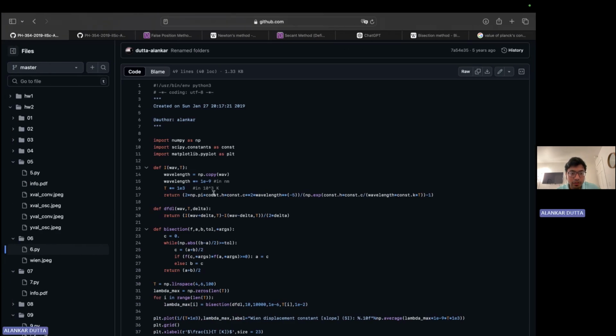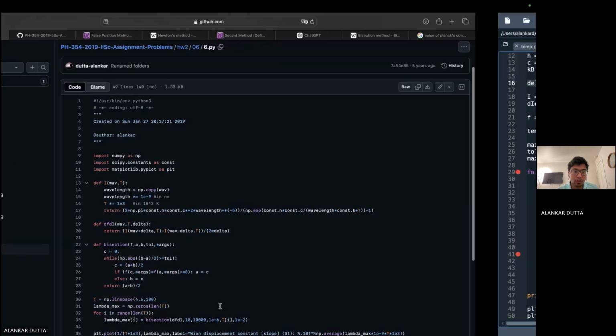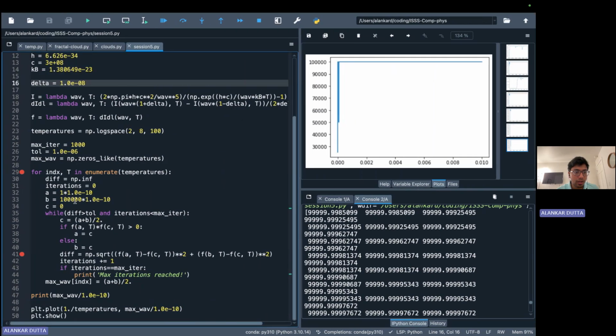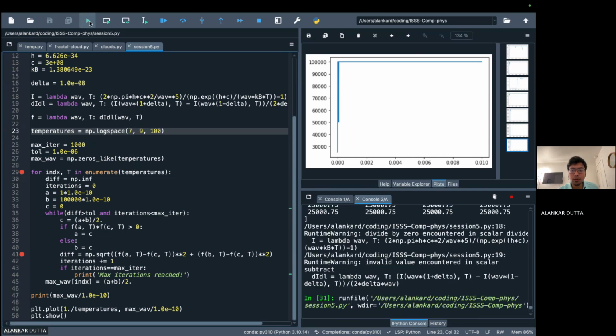And the wavelength is, let's see, 7 to 9. So this is from 7 to 9 is what I tried in here. So let's try the same range from 7 to 9.